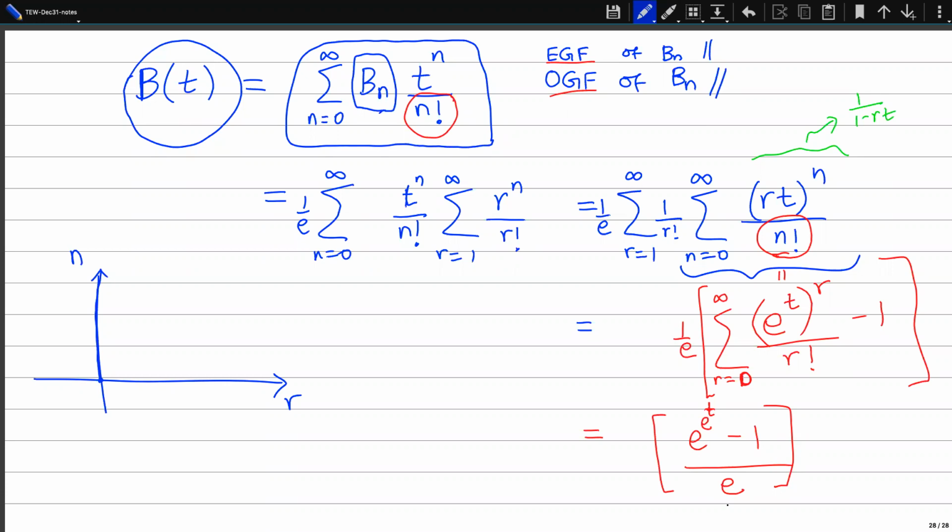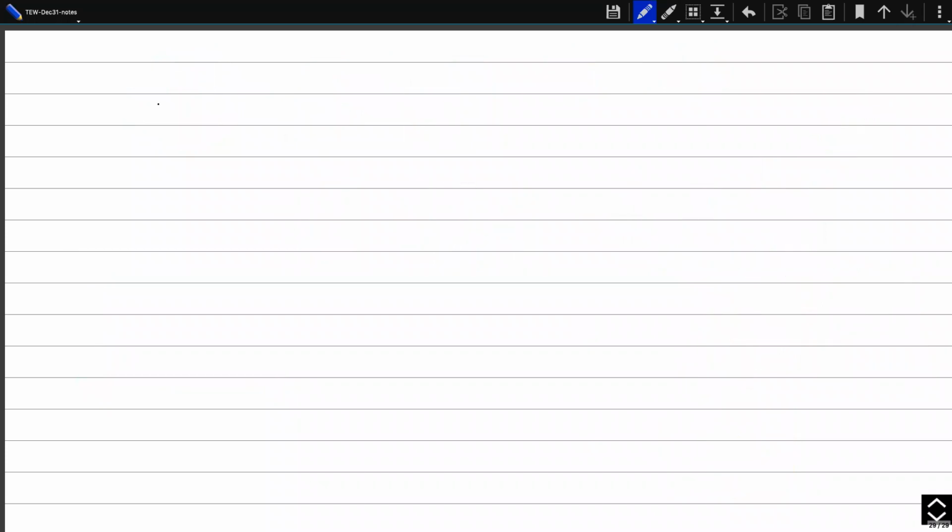So observe that this is now some power series again. I can write this out as a full power series in powers of t.